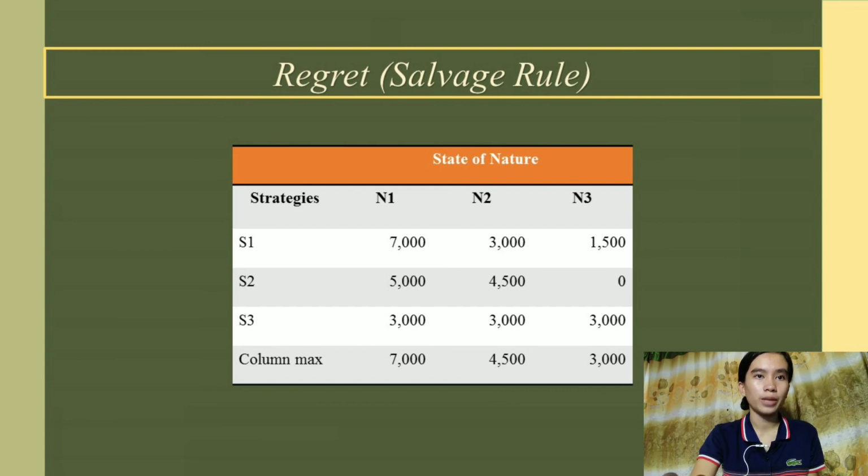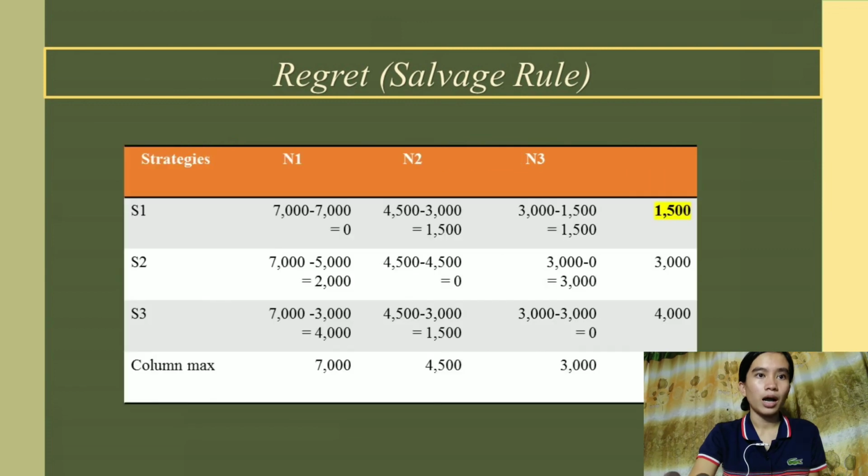So first, we will determine the column maximum, which in this case is, in state of nature number 1, 7,000, state of nature number 2, 4,500, and 3, 3,000. After determining the column maximum, we will subtract, wherein in strategy 1, it is 0, 0, and 1,500, with the highest of 1,500. In strategy 2, however, 7,000 minus 5,000 is 2,000, 0, 3,000, with the highest of 3,000.